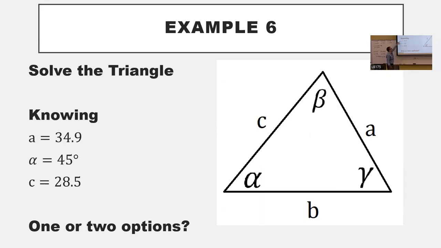You're given one ratio for your law of sines, the alpha and the A. When you find gamma, because you'll find gamma first since you're given a C, only one of the options of gamma is going to work. The supplementary option of gamma is going to add up with 45 to be over 180. That makes sense. So I won't do example 6 because of that.